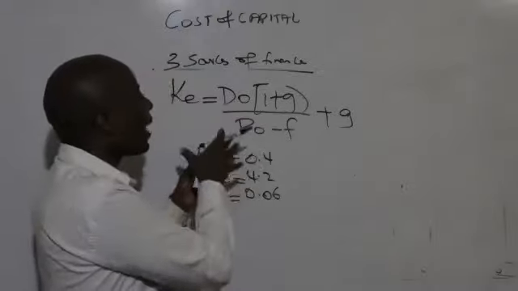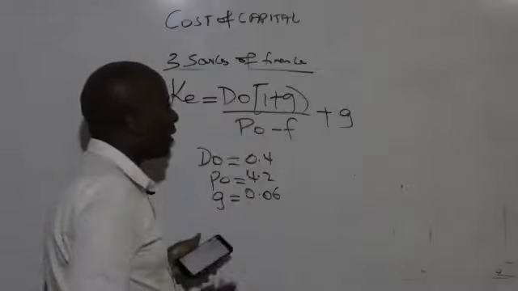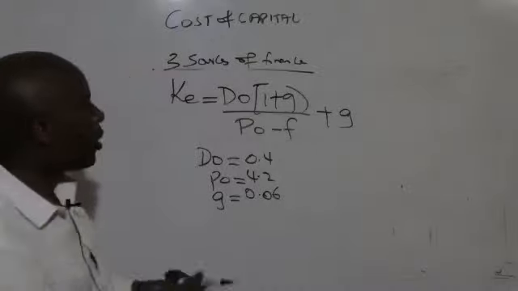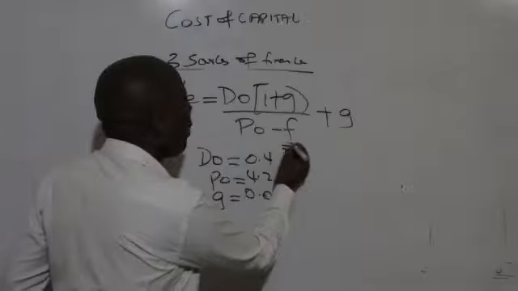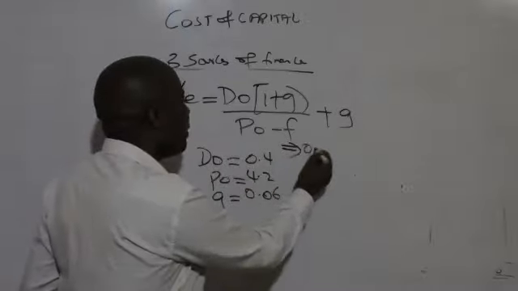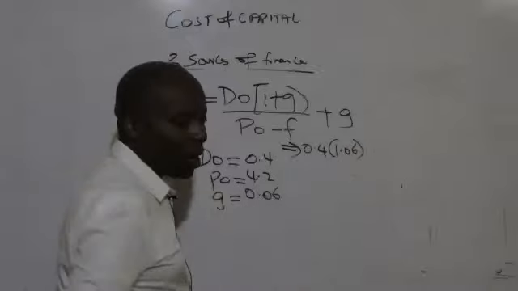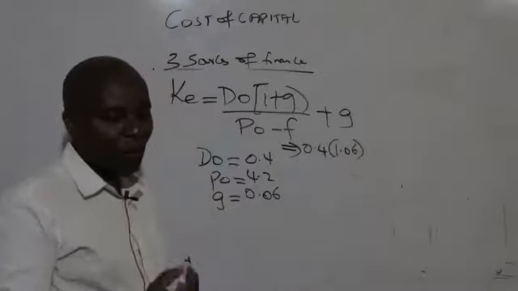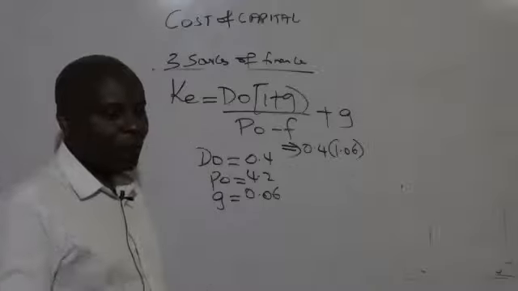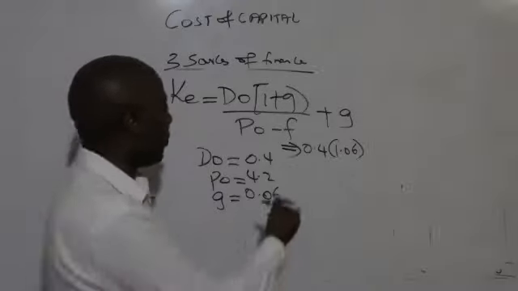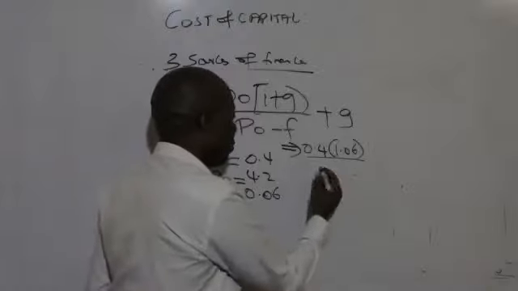So come and plug the figures in here. Our Ke will be equal to our D0, which is 0.4, into 1.06, that is 1 plus the growth rate, 1 plus 0.06, all over P0, which is 4.2.